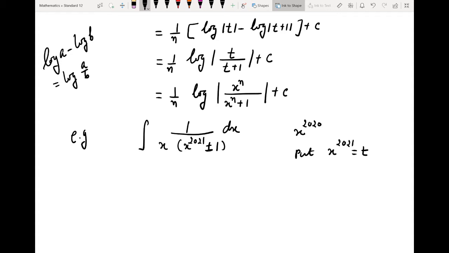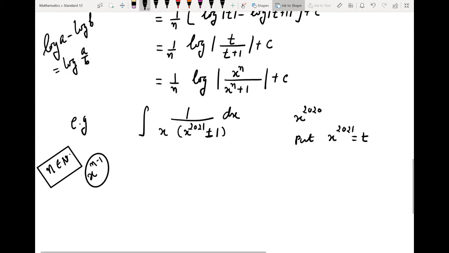In general you can take different values for n, but note that n belongs to natural numbers. In such cases you can integrate this type of example by multiplying numerator and denominator by x raised to n minus 1.